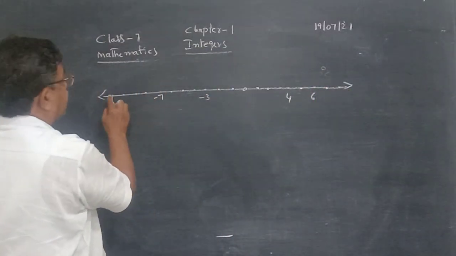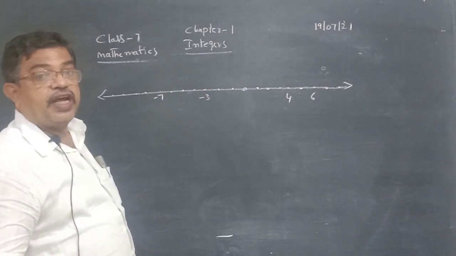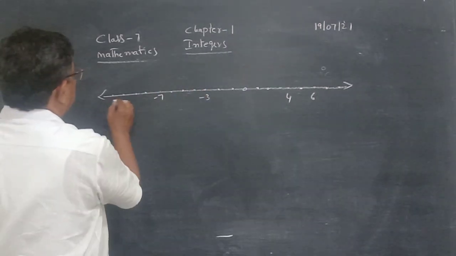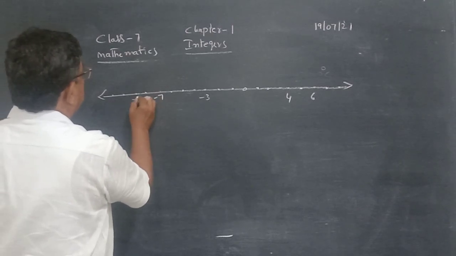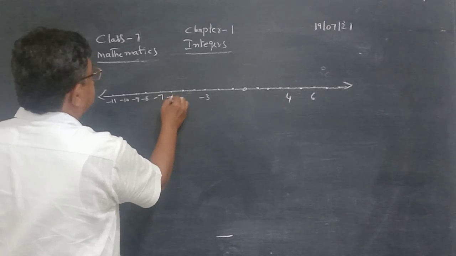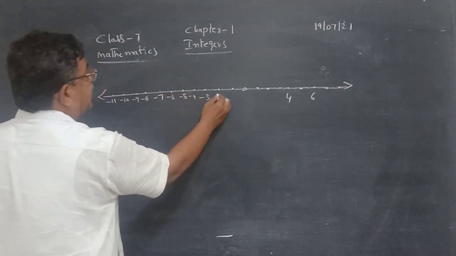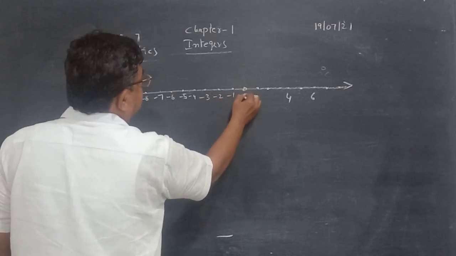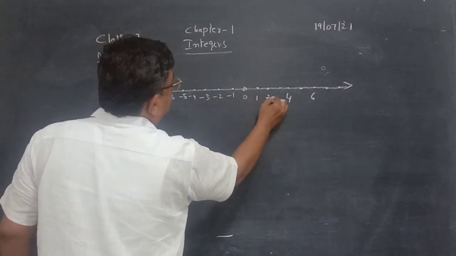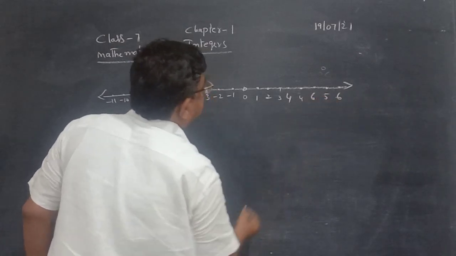You can start here. Some dots are given on this, which we can consider as missing integers. So here you can write -8, -9, -10, -11, and then -6, -5, -4, -3, -2, -1, 0, 1, 2, 3, 4, 5, and 6.